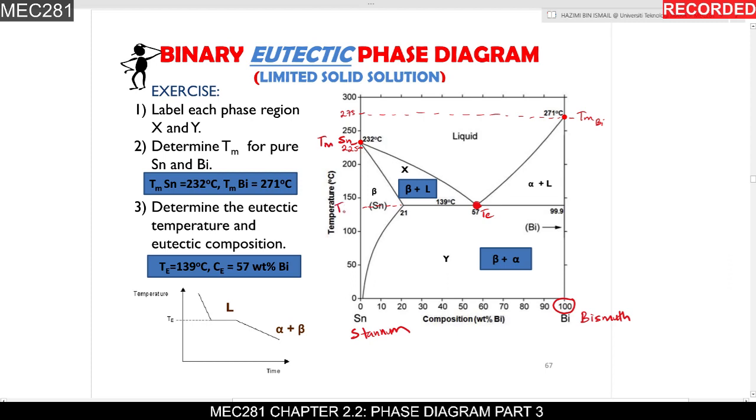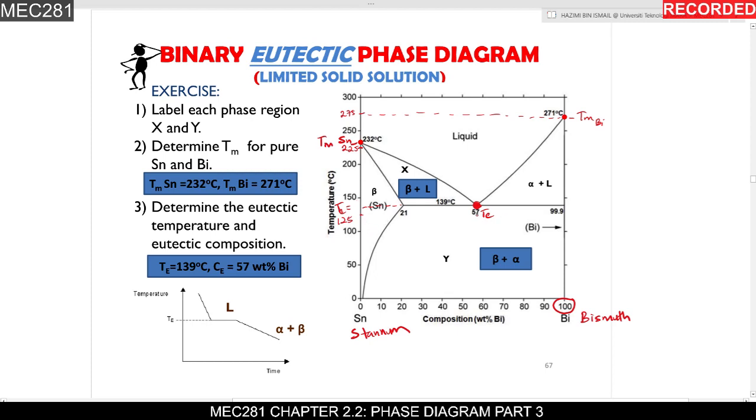So TE here, if I make the approximation, around 130 or 140 is still okay, at least in the region between 135 and 149.